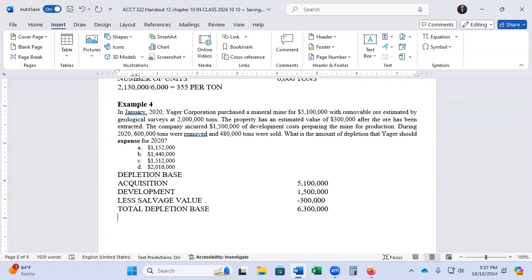We want to get the cost per unit. So we're going to divide by, in this case, 2 million. So we have 6.3 divided by 2, and that ends up with 3.15 per unit.